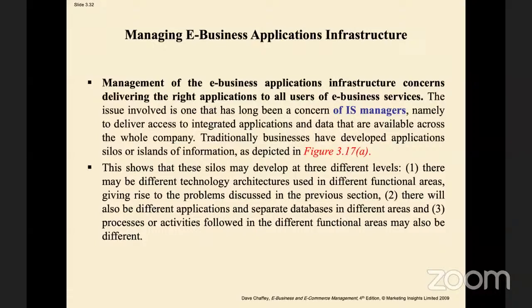There may be different technology architectures used in different functional areas, giving rise to the problems discussed in the previous section. Number two, there will also be different applications and separate databases in different areas. And number three, the processes or activities followed in different functional areas may also be different.